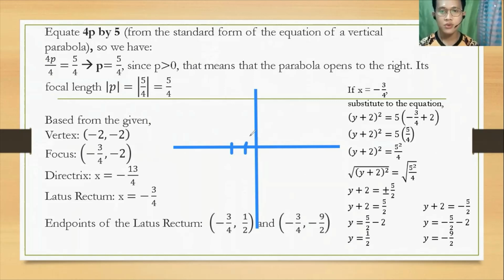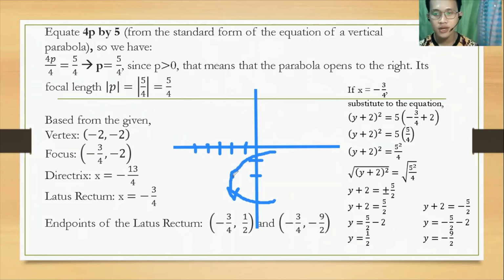So -2 and then -2 that's below. So we have here the vertex, okay? And then we need to move 5/4. Okay, let me have an assumption of the graph. So basically this is the graph. Okay, we have 3, -3, -4. We need to move 5/4 units to your left.